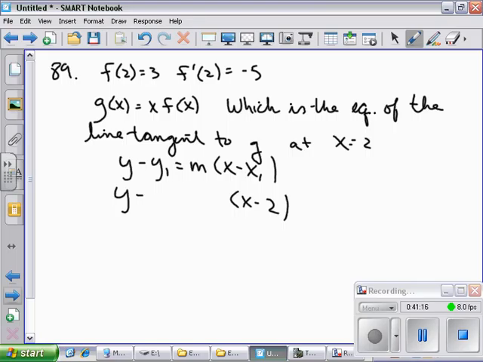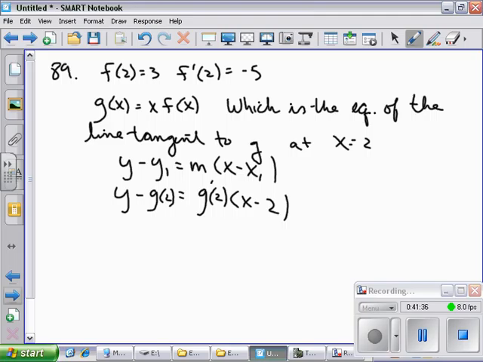You're going to plug it into what, though, to get g of x? So for y1, you're going to have to get g of 2. And to get the slope of our tangent line to g at 2, we need the derivative of g at 2.